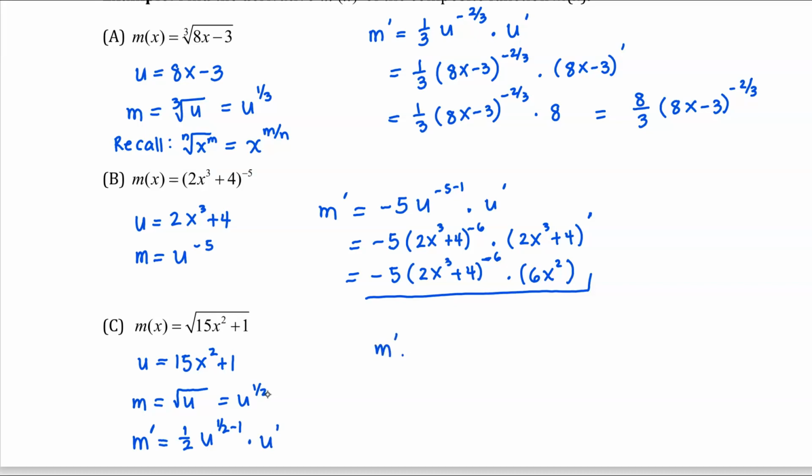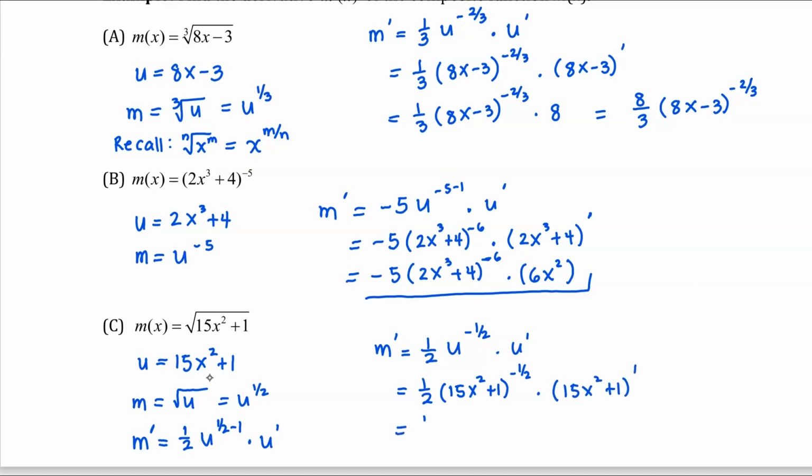So m prime, therefore, is equal to 1/2 u to the negative 1/2. 1/2 minus 1 is negative 1/2, times the derivative of u. And then let's plug in u. So u here is 15x squared plus 1 to the negative 1/2 times the derivative of 15x squared plus 1.